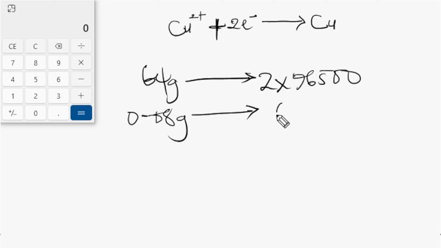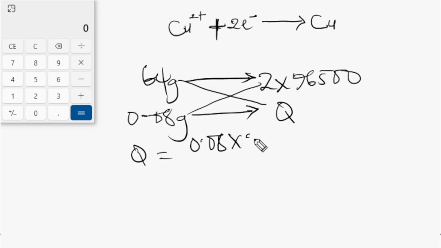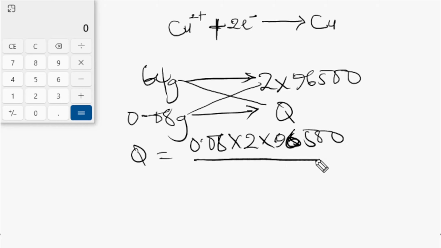So what is it going to yield? That will be our charge here. So guys, let's go ahead and do this together. We are going to cross this, and we're going to have our Q to be 0.08 times 2 times 96,500 over 64.